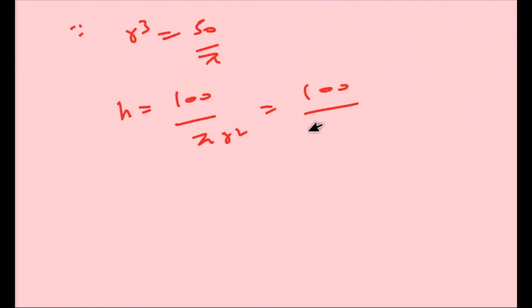Since r cube equals 50 upon pi, we can find h using the equation of volume, that is h equals 100 upon pi r square. Putting here the value of r, that is 50 upon pi to the power 1 by 3, here is 2 also, so it is 2 by 3.